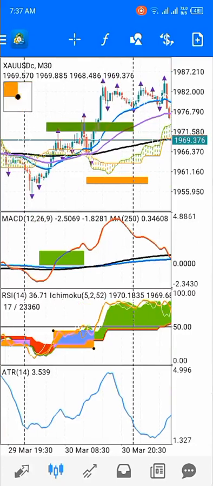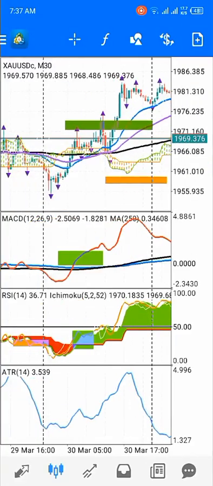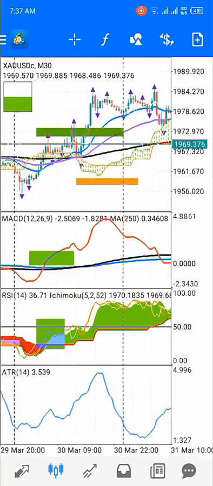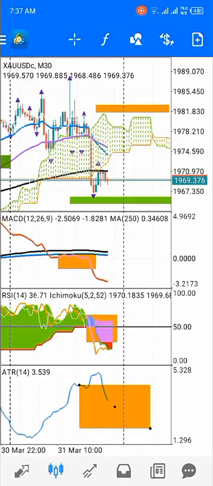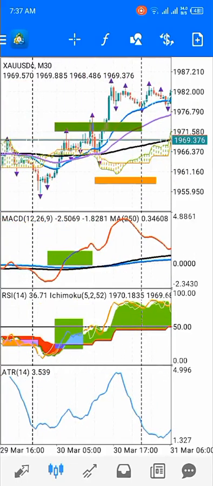The cloud changed to green at that point, and the orange line crosses above the cloud. You look for buy opportunities around that particular point. At the current market close, the cloud changed to red, and the orange line is below the cloud. You look for sell opportunities.